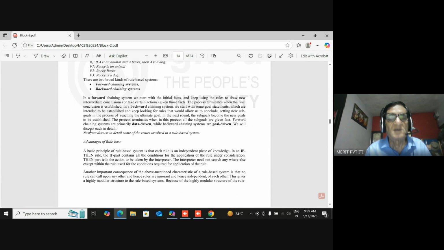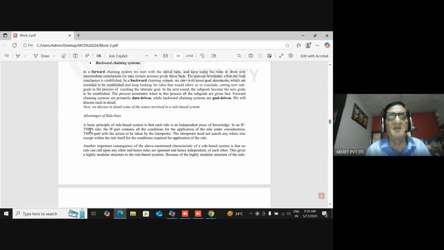So forward chaining systems are primarily data driven while backward chaining systems are goal driven. क्योंकि बैकवर्ड चेन में गोल होता है, उसको गोल को बैकवर्ड लेके जाते हैं सो दैट यू कैन गेट इट, एंड दिस इज डेटा ड्रिवन. डेटा से आप राइट को मूव करते हो, उसको देखते हो डेटा से कैसे रिजल्ट आता है.